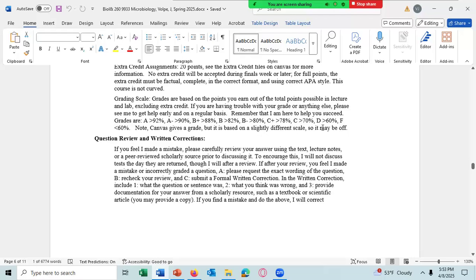A D is 60% or greater. An F is less than 60%. Any question about the grading? You should note that Canvas gives you a letter grade. It is using a slightly different scale than we use in microbiology, so the Canvas letter grade may be slightly off.